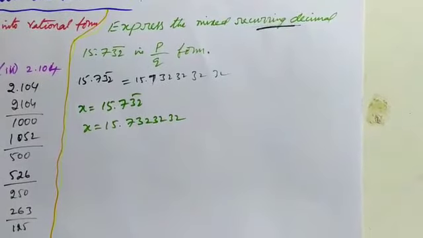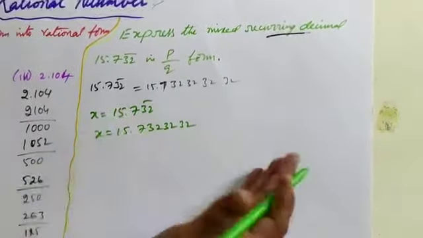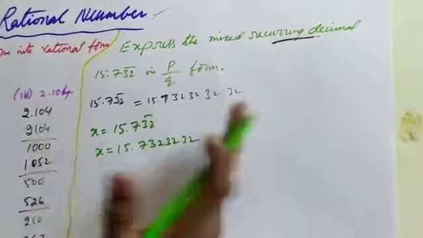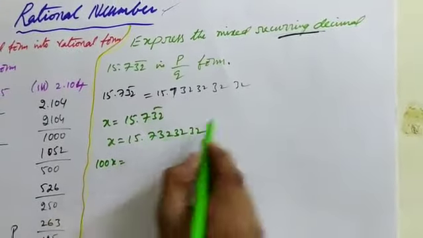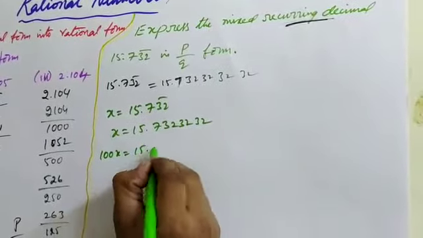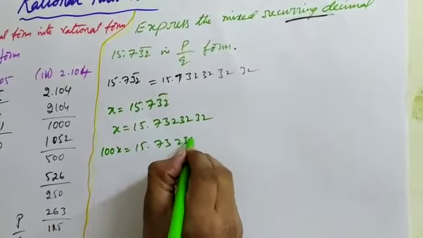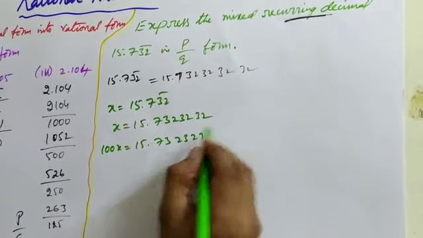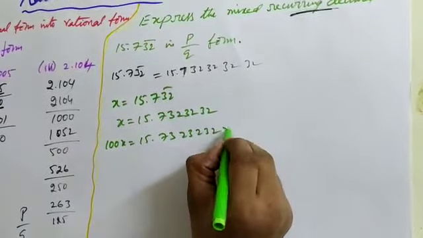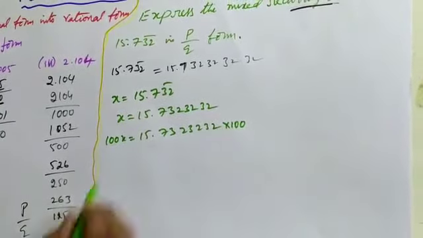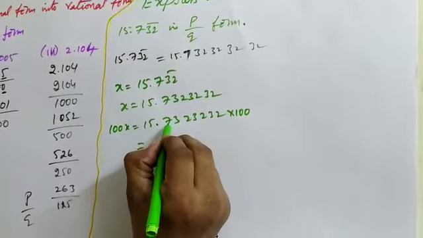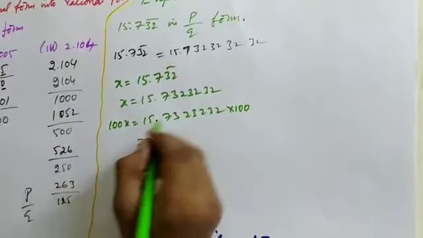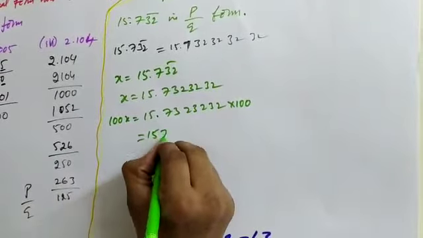Enough. At the same time, multiply 100 on both sides. Therefore 100x is equal to 15.7323232 into 100. After the point, 73 is coming before the point.